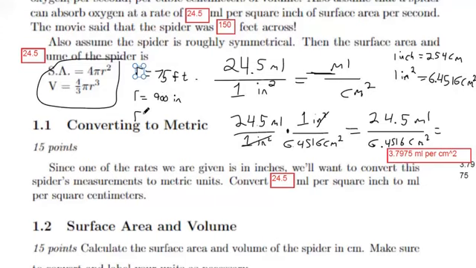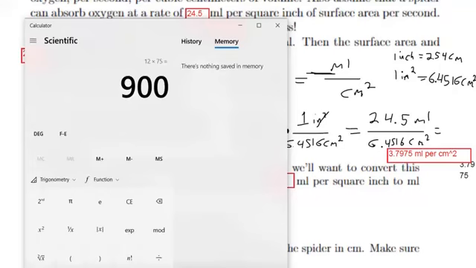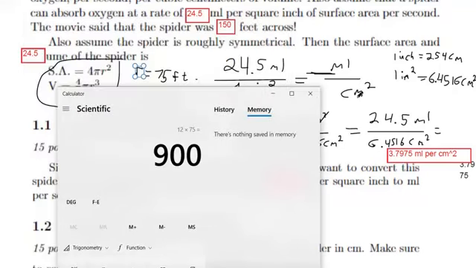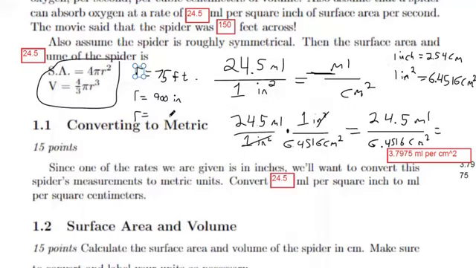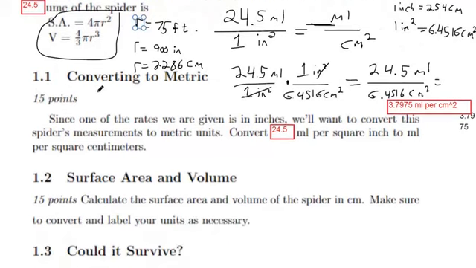And then I need to convert inches to centimeters. So 900, using my conversion factor over here, 1 inch gives me 2.54 centimeters. 900 inches gives me 2,286 centimeters. Okay, so that's what I've got to plug in for my radius when I'm calculating the surface area and the volume. So this is 4 times pi times 2,286 squared.